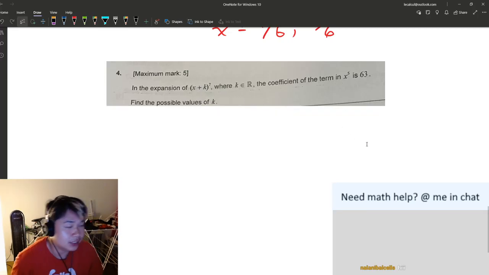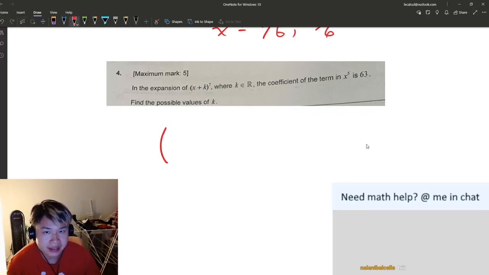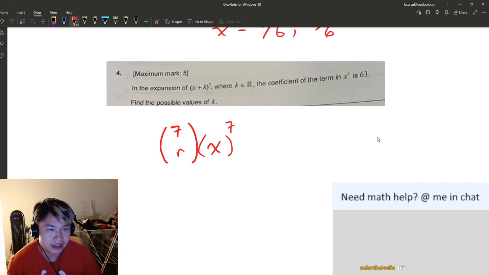So using the numbers and variables we have, nCr, so 7Cr. We don't know what r is. And then the first term in the binomial, which is x, and then this is to the power of 7 minus r, and then times k to the power of r.